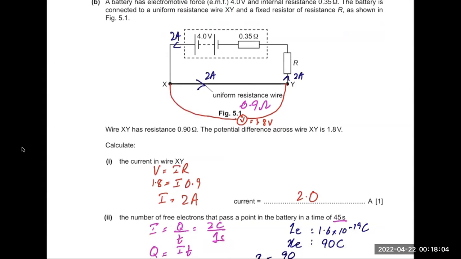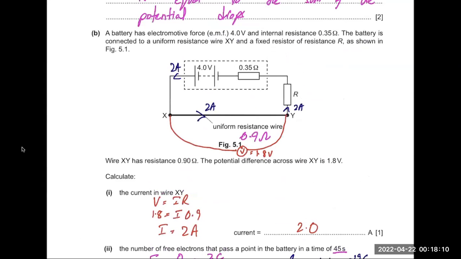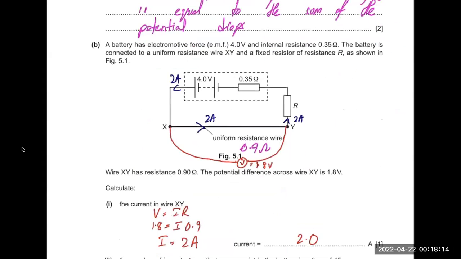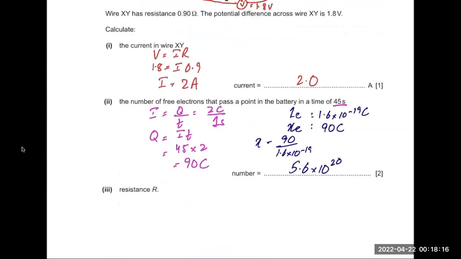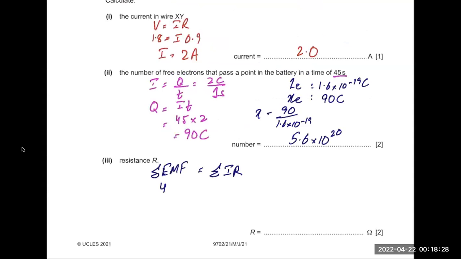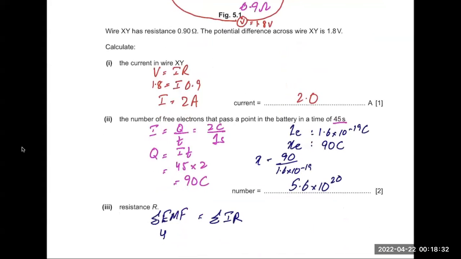They want us to calculate the resistance of R. I know that for this closed loop, I can use Kirchhoff's second law or Kirchhoff's voltage law. The total EMF is equal to the total potential drops, IR. The total EMF of the circuit is 4 volts.